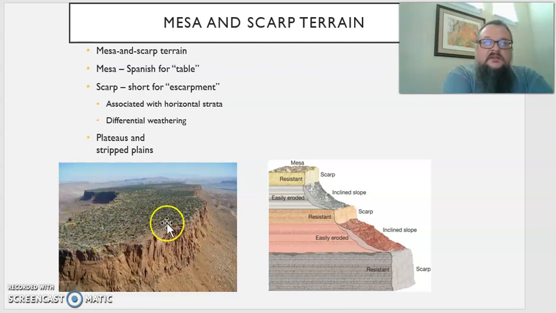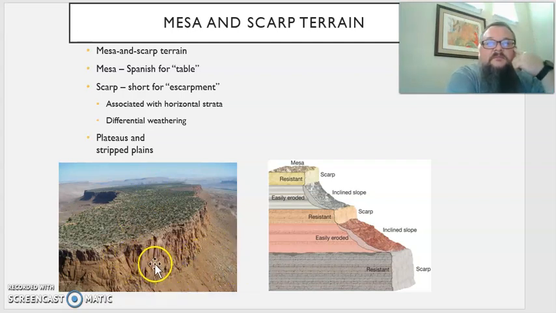It's flat. It's not nearly as weathered or eroded as much of the stuff beneath it. And so we would be familiar with this idea of this landform being a mesa. It kind of looks like a table, right? It's flat on top, tall, sits up around the things that are around it.